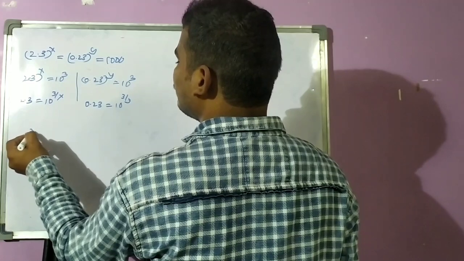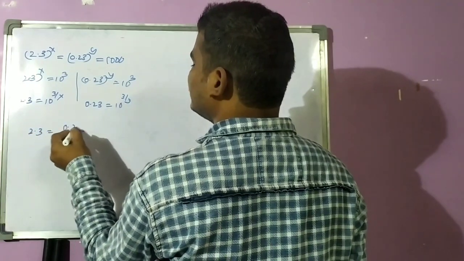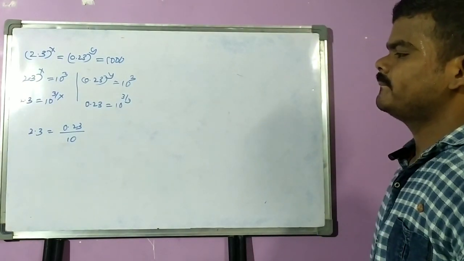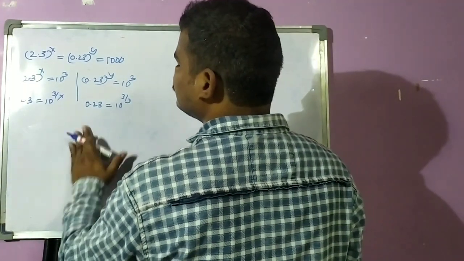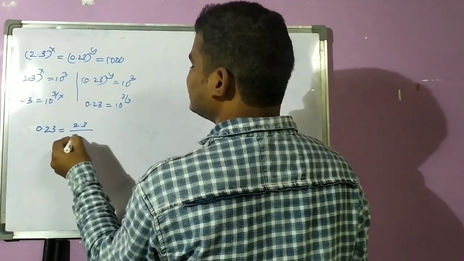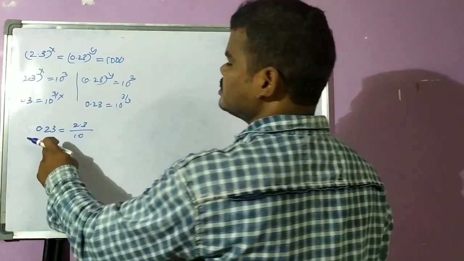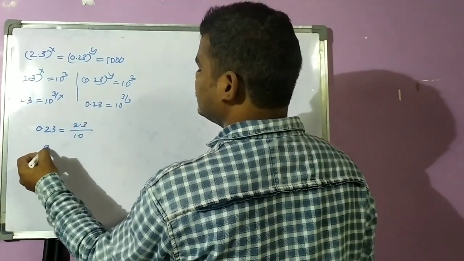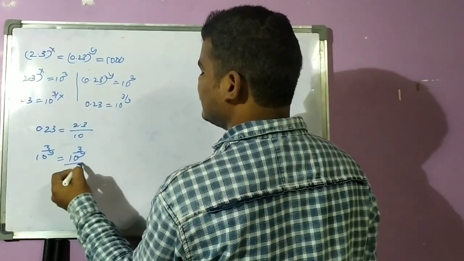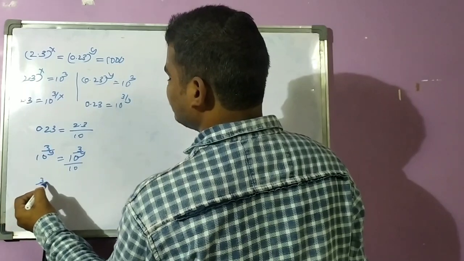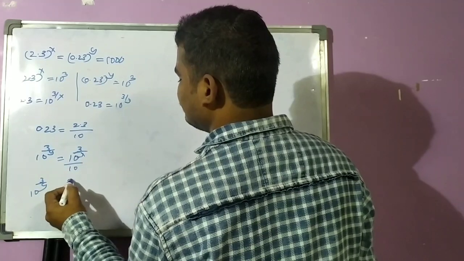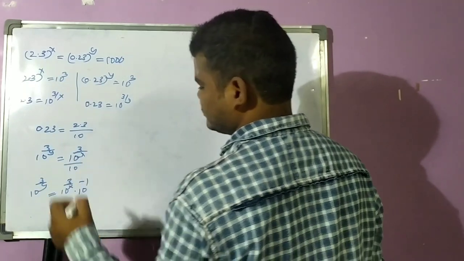Now 0.23 can be written as 2.3 by 10. So 10 to the power of 3 by y is equal to 10 to the power of 3 by x divided by 10, that is 10 to the power of 3 by x into 10 to the power of minus 1.